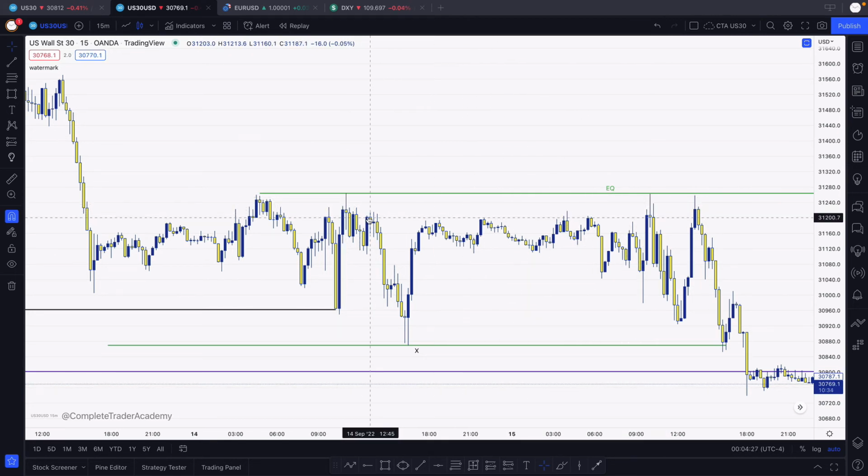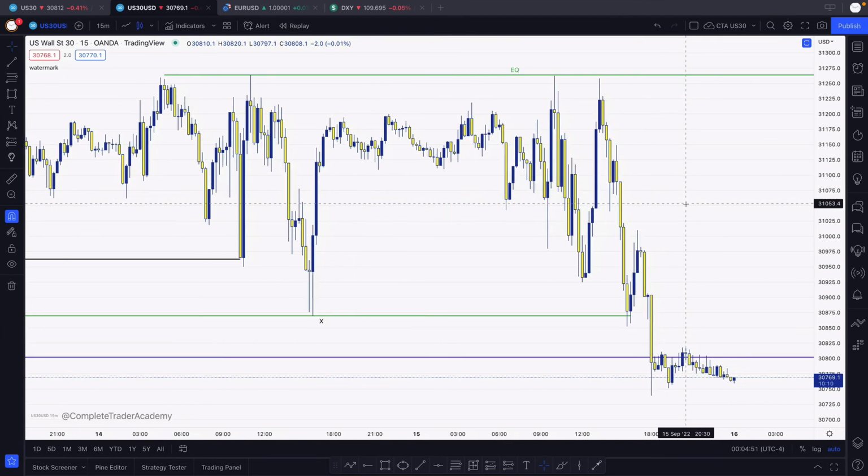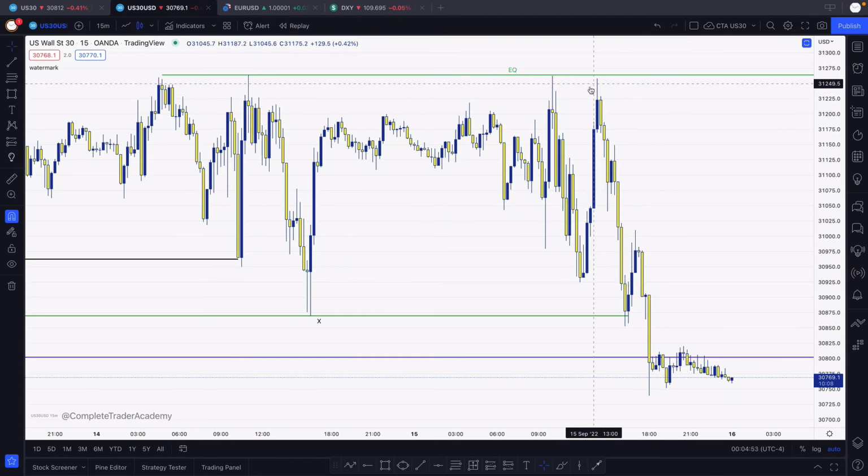Now, most people, and I would also think that since it's so clean, that these highs are so perfect that there are so many people having buy stops above here. There's a lot of liquidity here, and we expect price to at least tap into it, and it didn't. So it was manipulating all day, and then you had this.